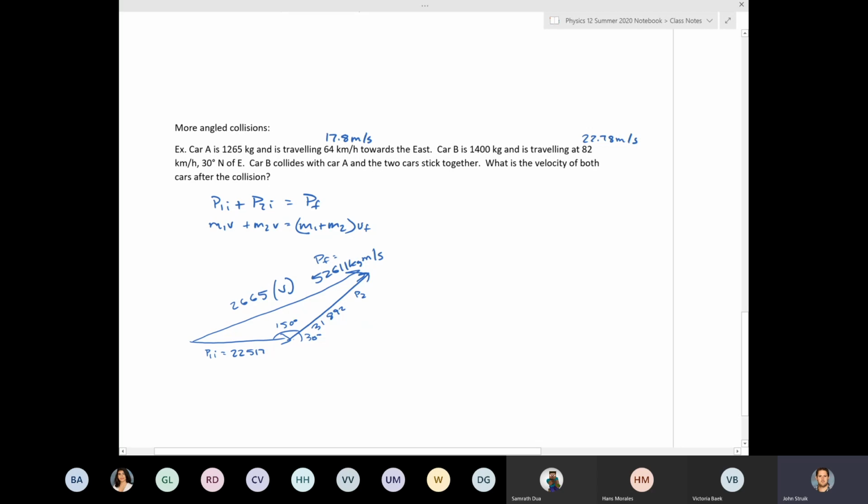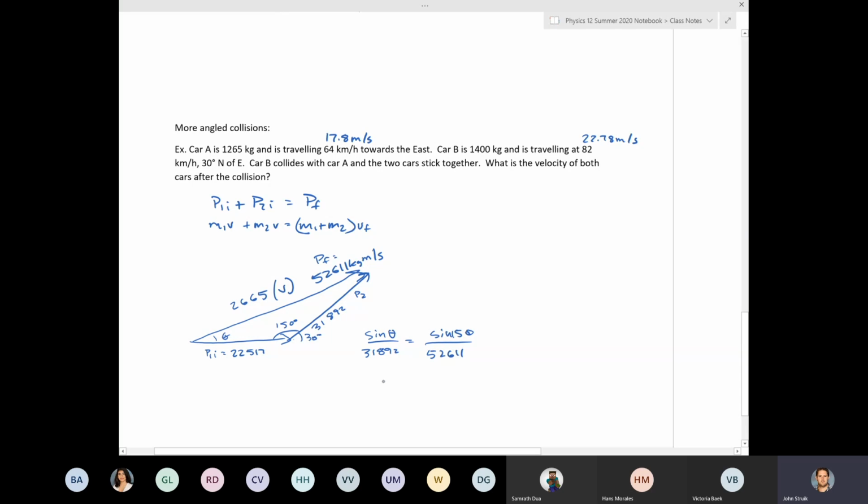We need to find this angle as well, so let's find the angle first. Sine theta over 31,892 equals sine 150 over 52,611. So 31,892 times sine 150 divided by 52,611, second sine.